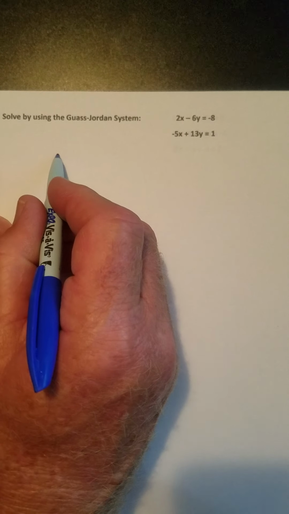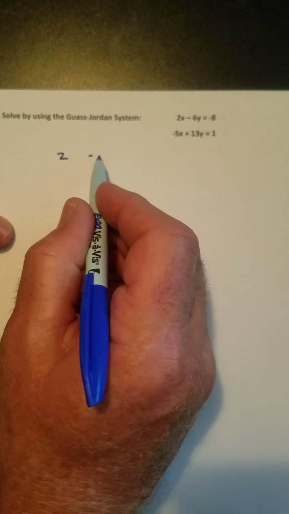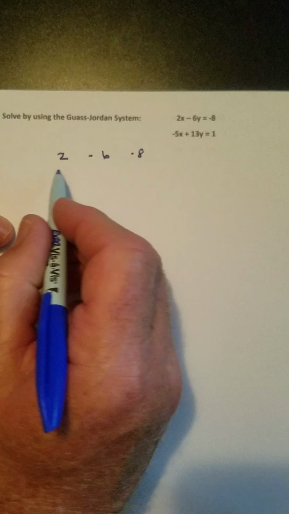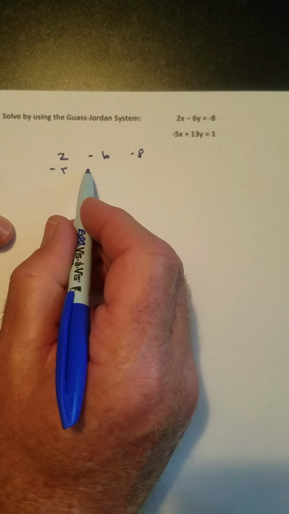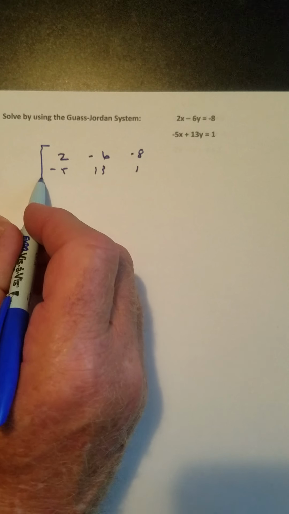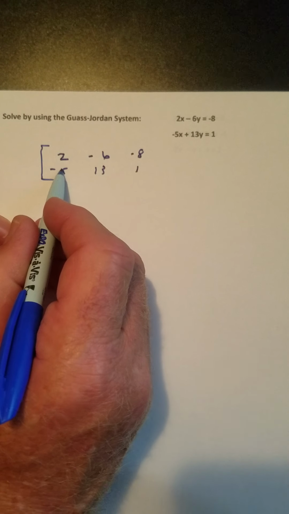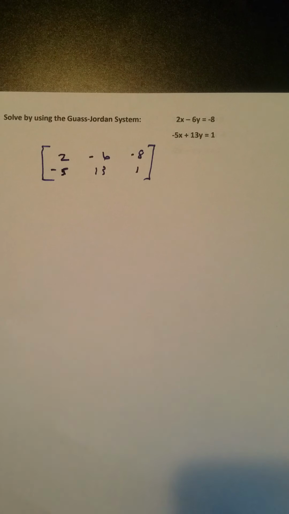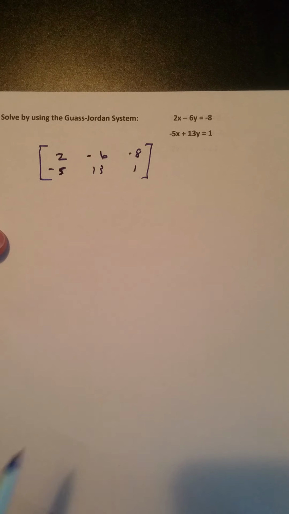So the first thing you're going to do is take the system and simply put it into matrix form. Okay, and as we go along, there's going to be a method to what I'm doing and an order in which you do it.